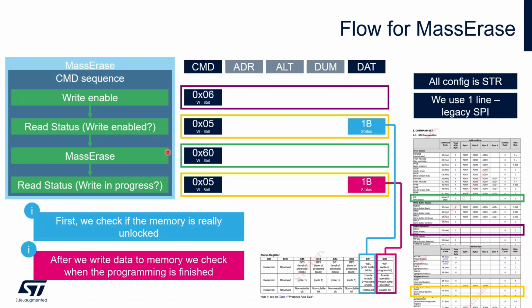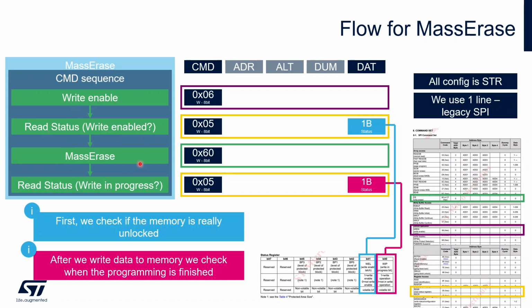So before we start the mass erasing, it would be beneficial for us to implement these functions to check the states, because we will use them on multiple occasions. So first I will implement the write enable, and then I will implement the read status to check if my memory write is enabled.